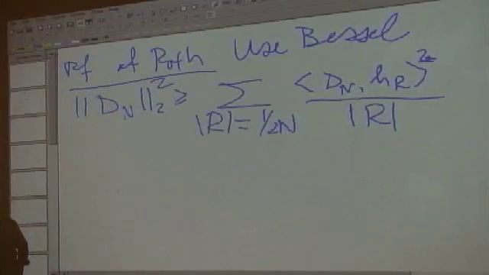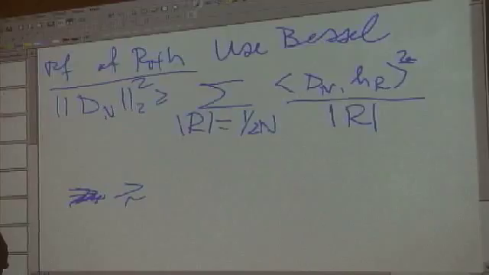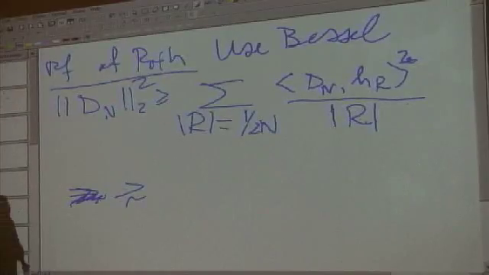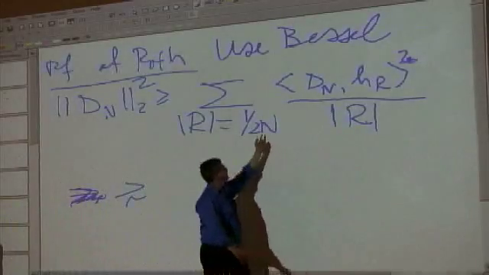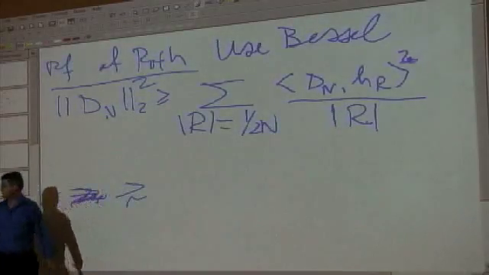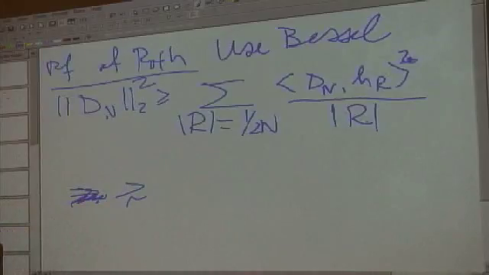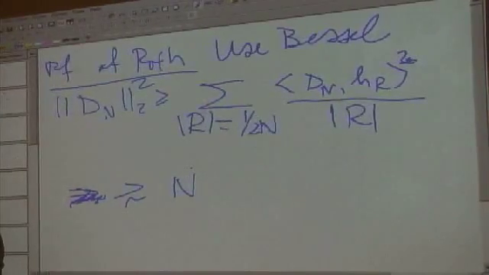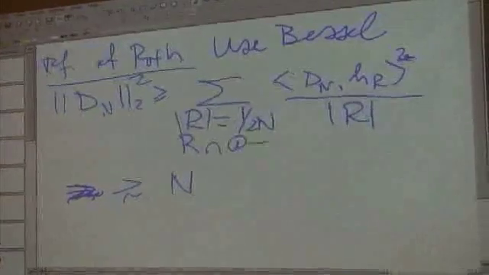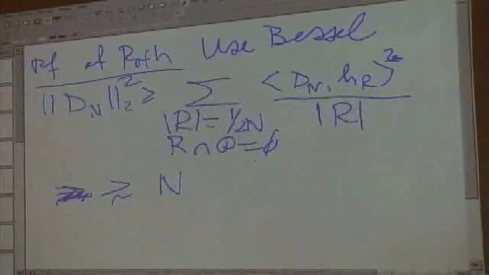And now I just compute, ignoring constants, 1 over R. 1 over R is basically n. I need to do one more property here: R intersect P is empty.